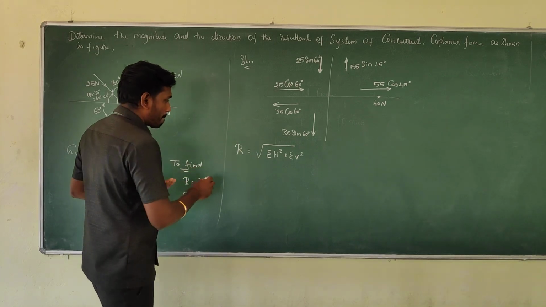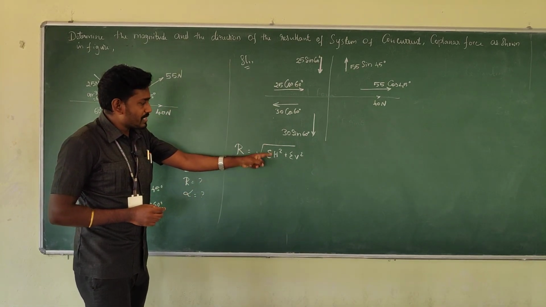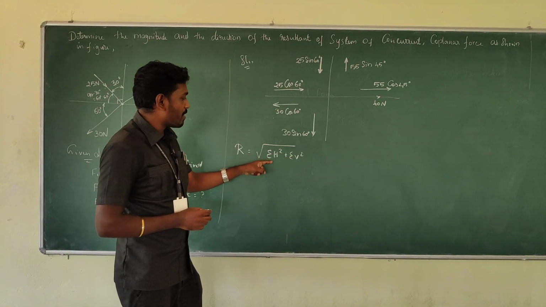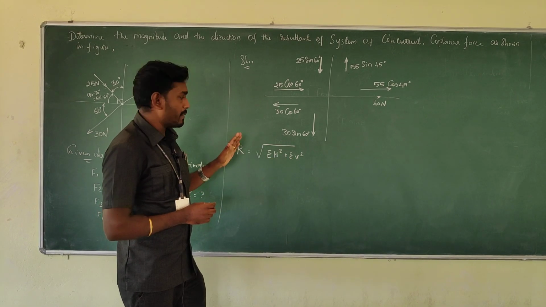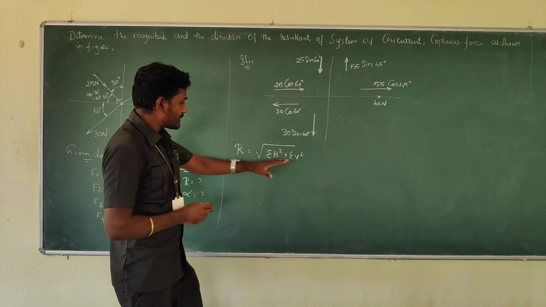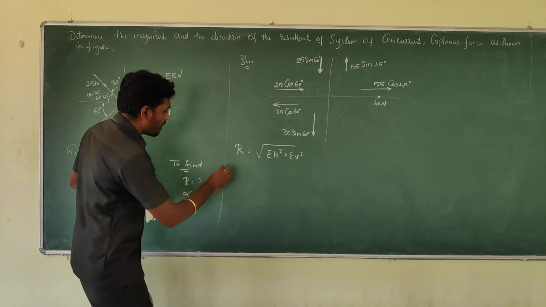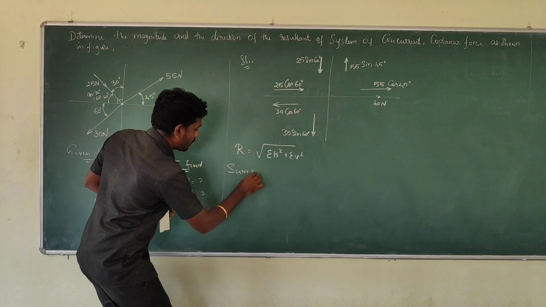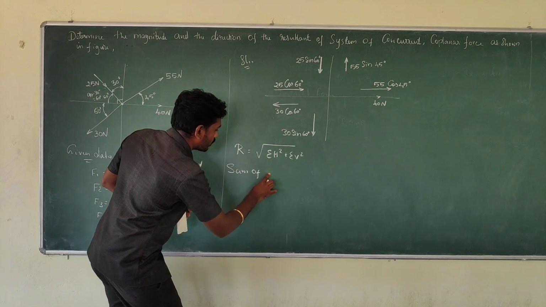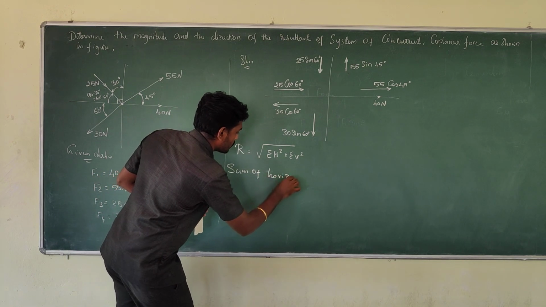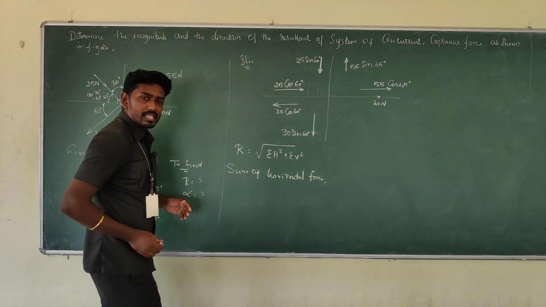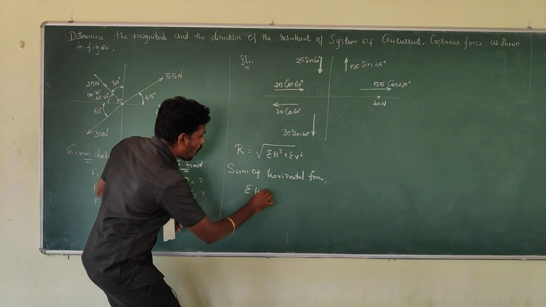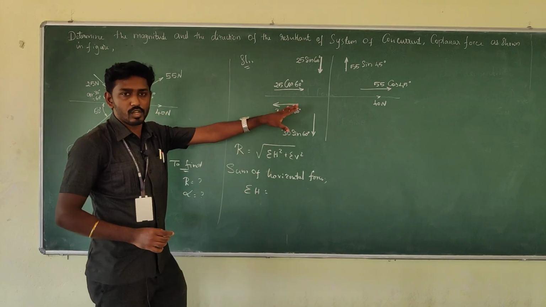So here, if you get the answer for summation of H and summation of V, that means the sum of horizontal forces and the sum of vertical forces, we get the answer for the resultant. So first begin with the summation of H, the sum of horizontal forces. Add all the horizontal forces in this system.